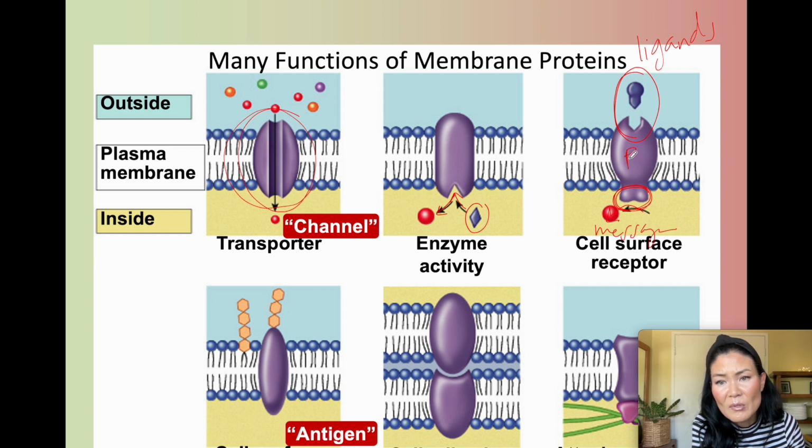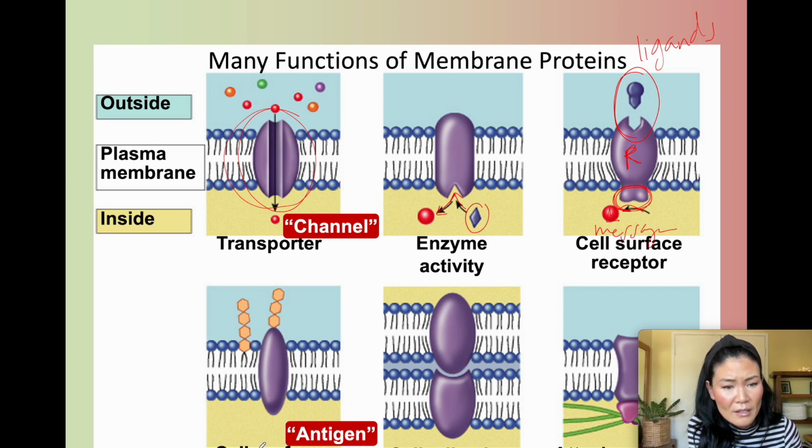And this membrane protein, we call it a receptor. It receives a ligand and it sends the message into the cell, okay? Nothing's actually coming into the cell. It's just that on the outside, the protein receives a message and then it changes shape. And because it changes shape, it causes a chain reaction of events inside of the cell. Okay, more on that when we go over that later on this year.